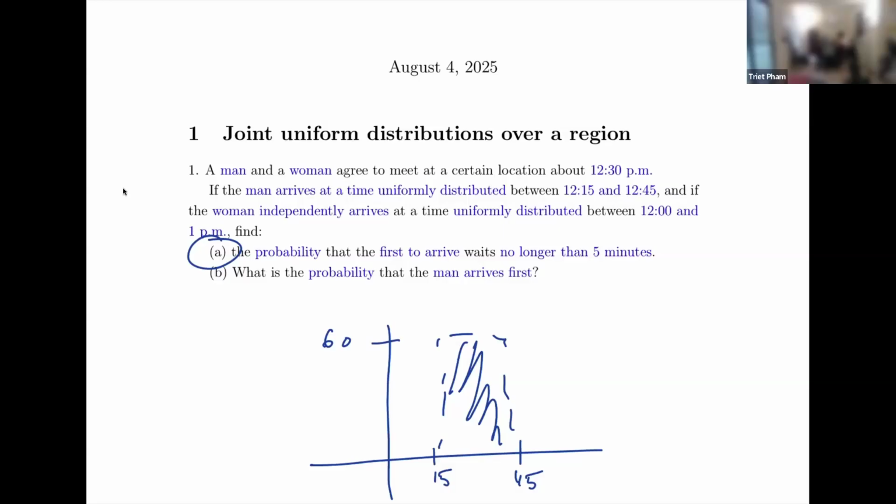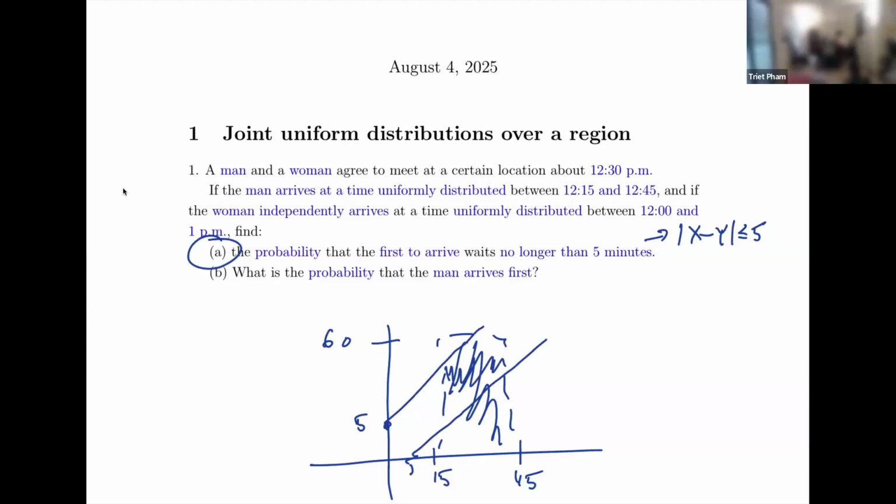This translates to the absolute value of x minus y less than or equal to 5. And so it would be here and here, 5 and 5. You look at the lines of intersection and look at the region in between, correct? So that's the region.